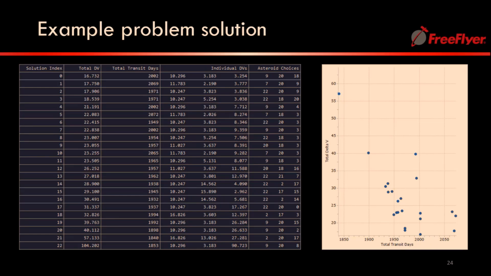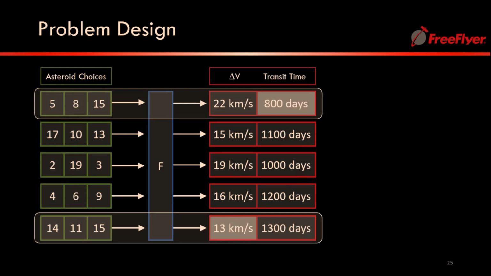Now, something that is interesting to note about this Pareto front is that it doesn't look like a front like we saw in that diagram previously. And there is a particular reason for that.